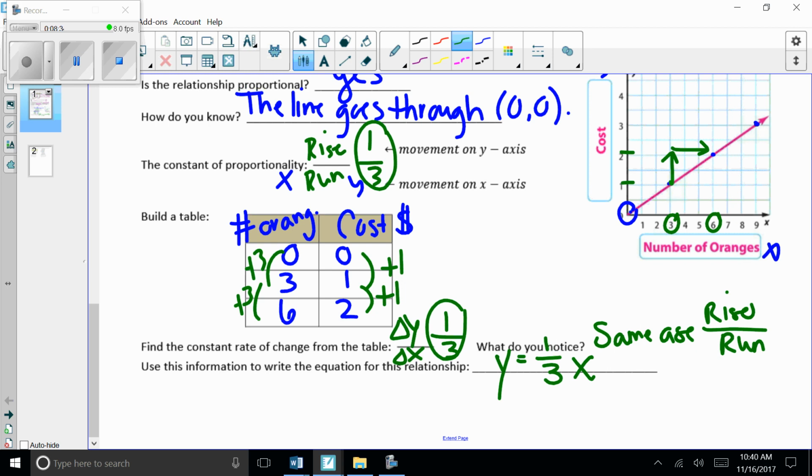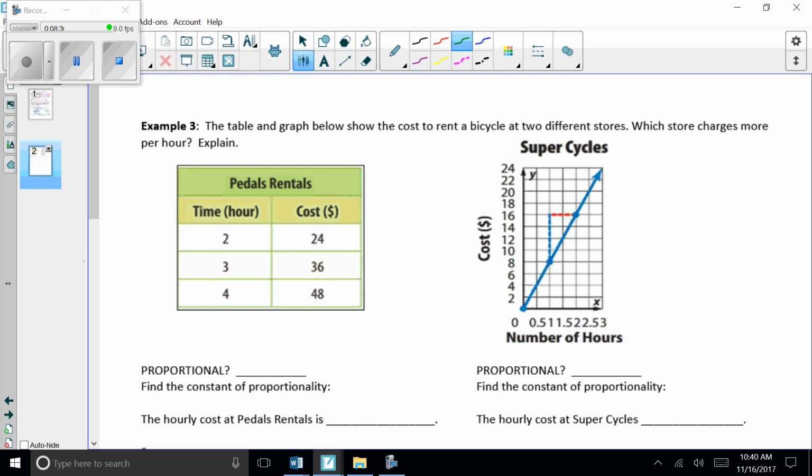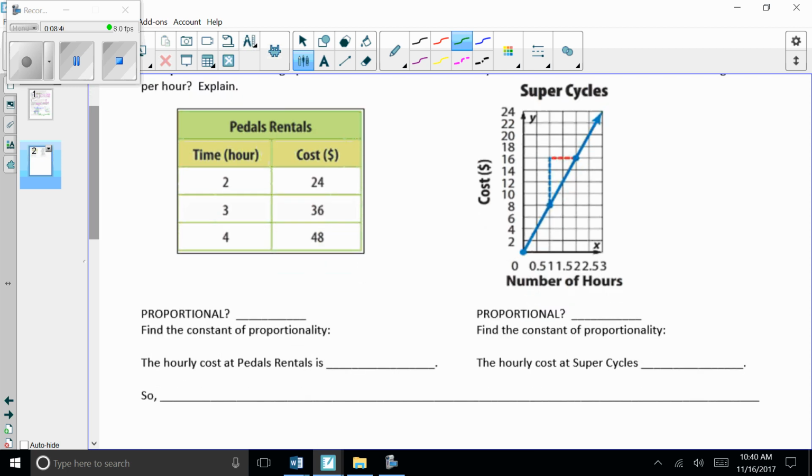Okay, let's look at our last example. The table and the graph below show the cost to rent a bicycle at 2 different stores. Which store charges more per hour? Now we're going to be comparing a table to a graph. Let's start by finding our rate of change for our table.